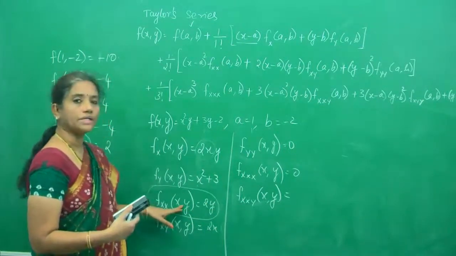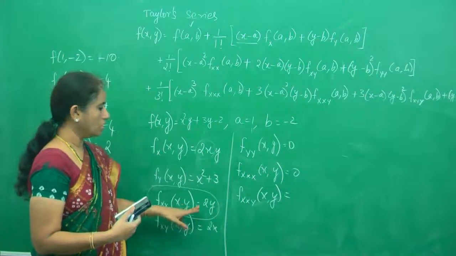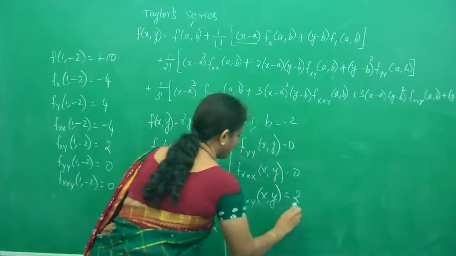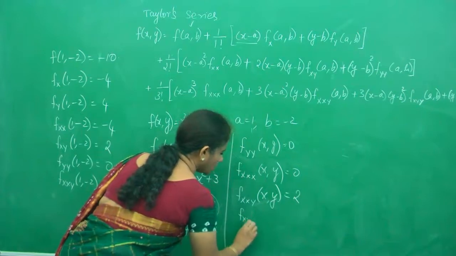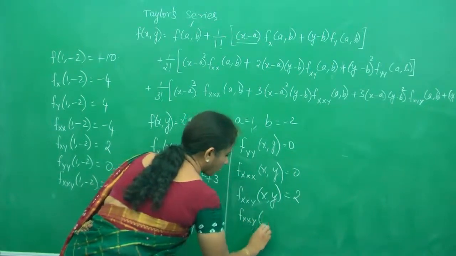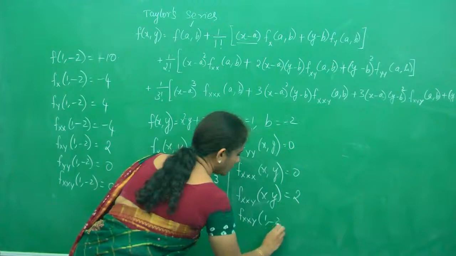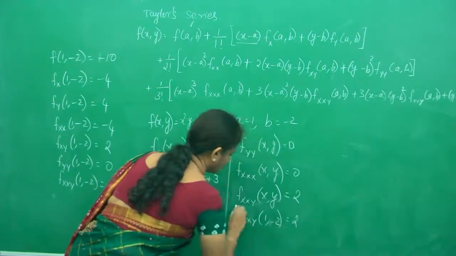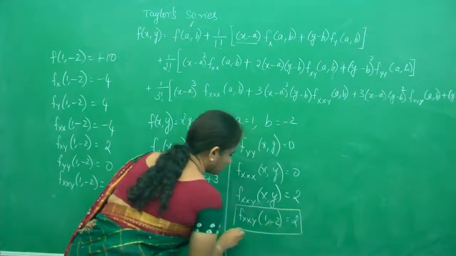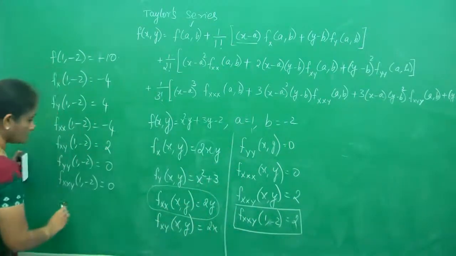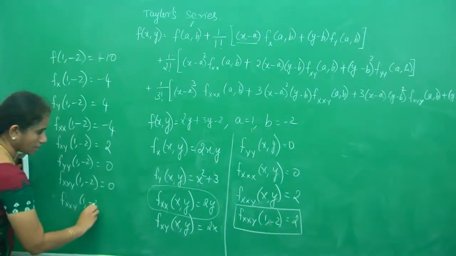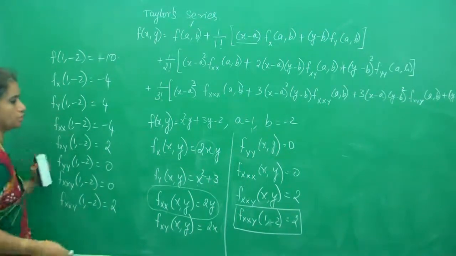So we are going to differentiate it with respect to y now. So derivative of 2y with respect to y is 2 and there is no variable. So it is easy for us. fxxy of 1 comma negative 2 is 2.